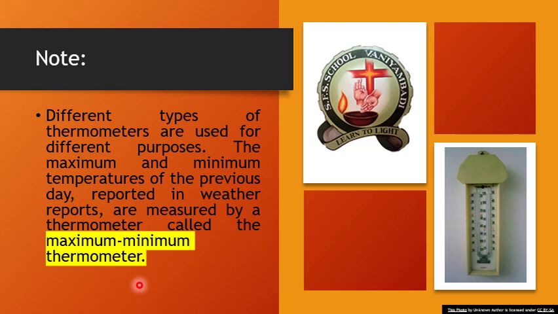Nowadays even in newspapers and in your smartphone widgets it will update. How are these temperatures measured? The weather which changes continuously is monitored using a special thermometer called the maximum minimum thermometer.